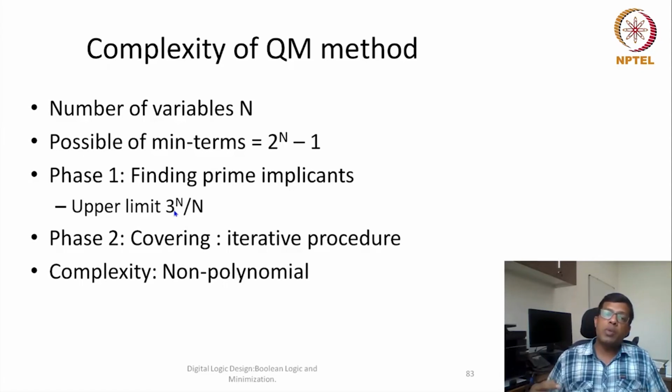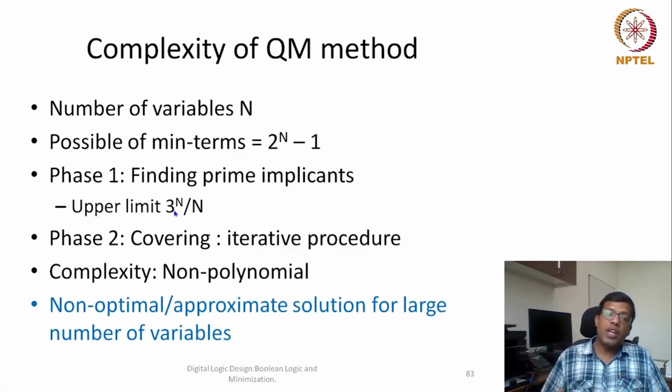But if the number of variables grows beyond a certain number, let's say beyond 10, whatever computational power we have today, it won't be sufficient to find an optimal solution. If an optimal solution is not possible, what will we do?